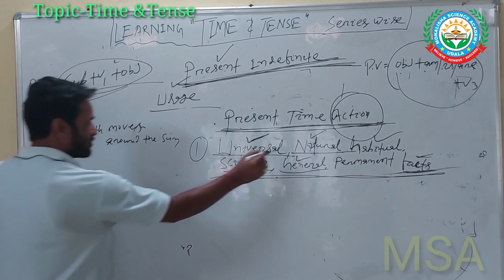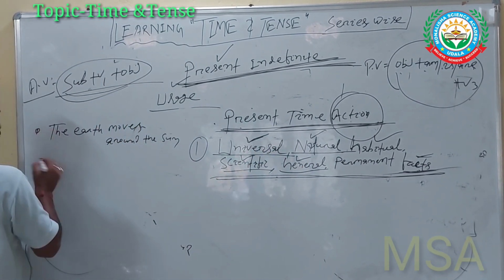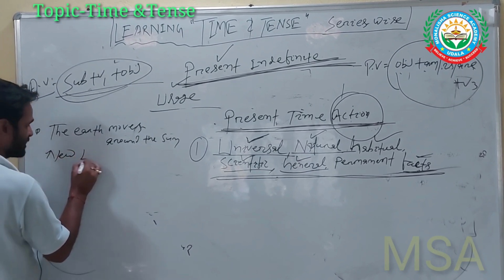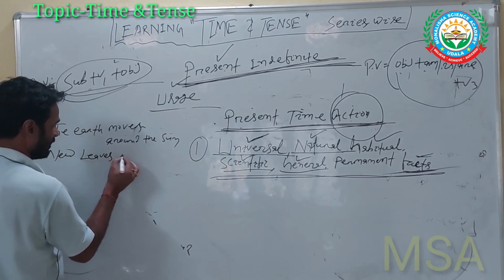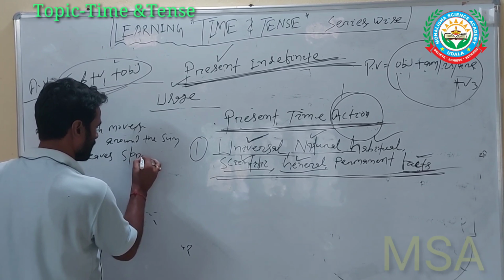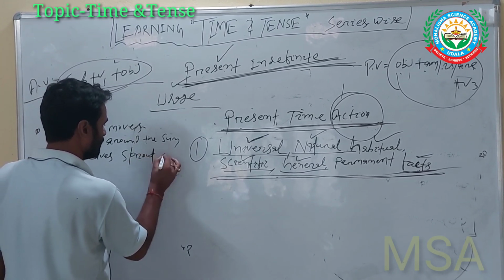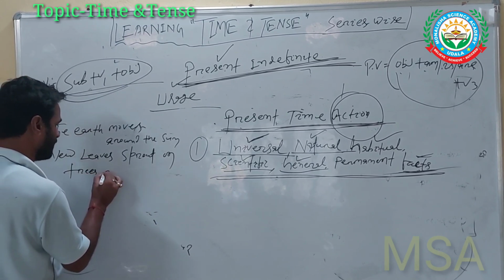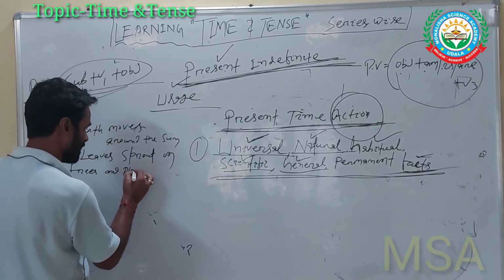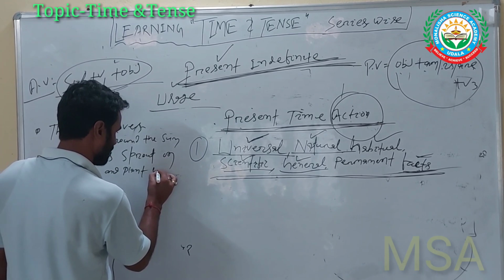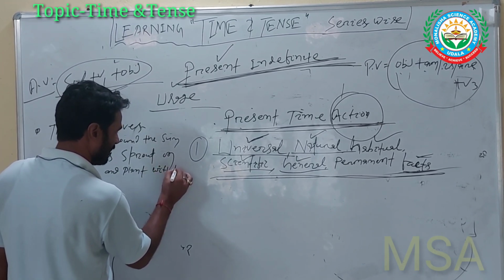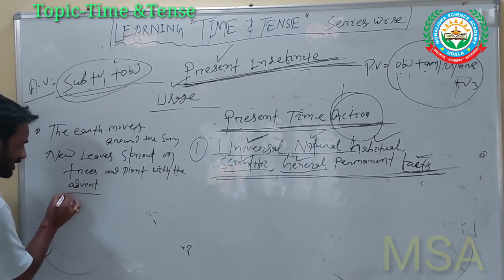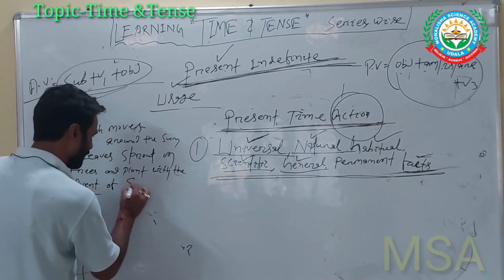The example of a natural fact is: new leaves sprout on trees and plants with the advent of the spring season. Advent means coming.